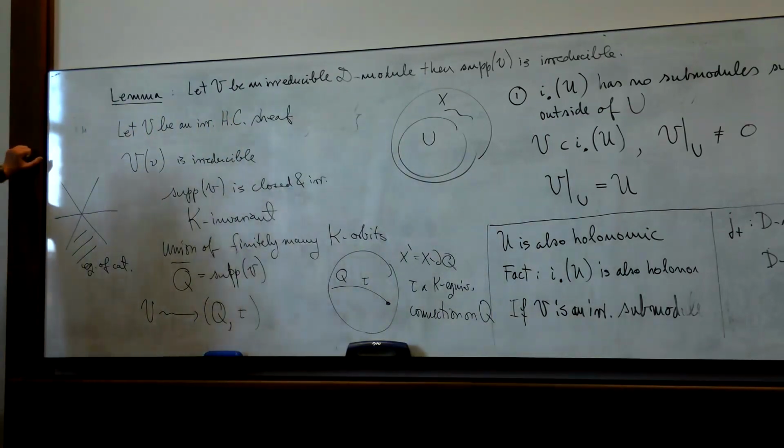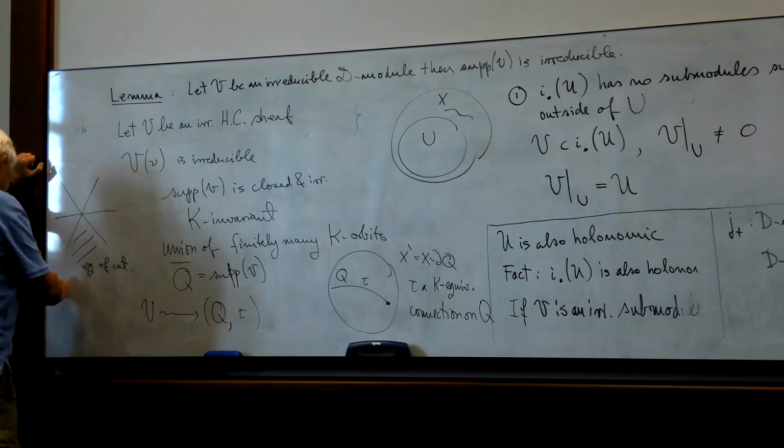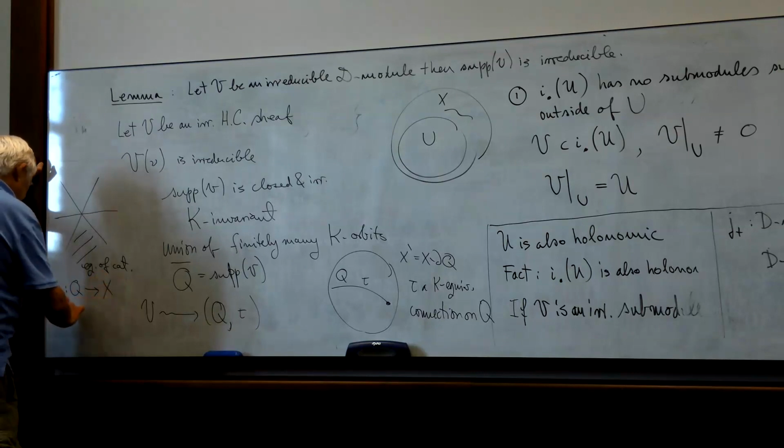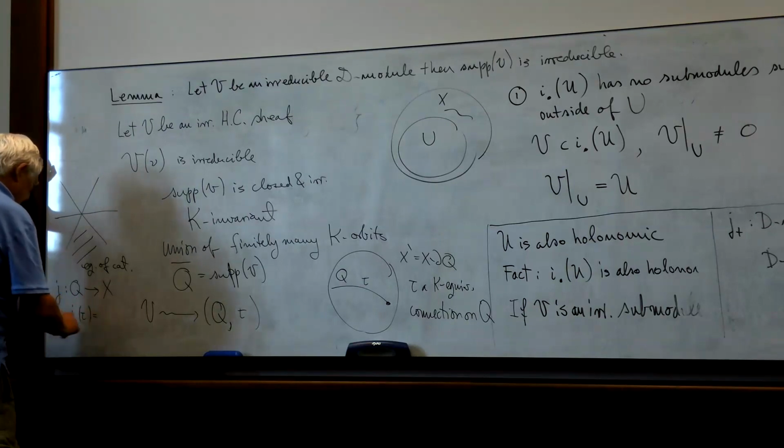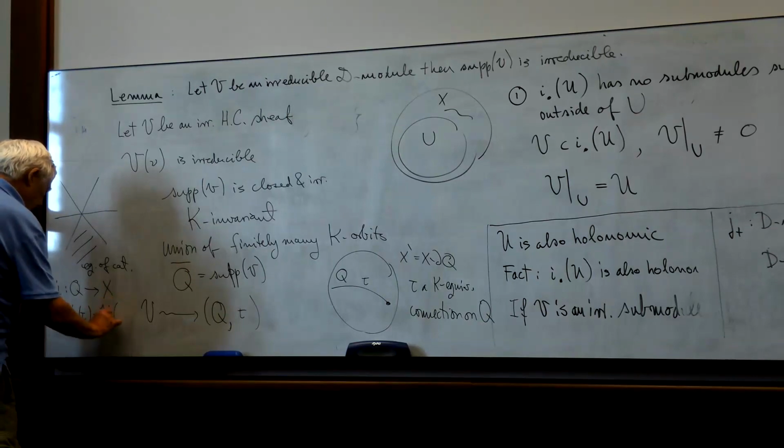And if we have this, then we take tau and we take a direct image. The j is Q into X, and then we take j direct image of tau, which I will call I Q tau.